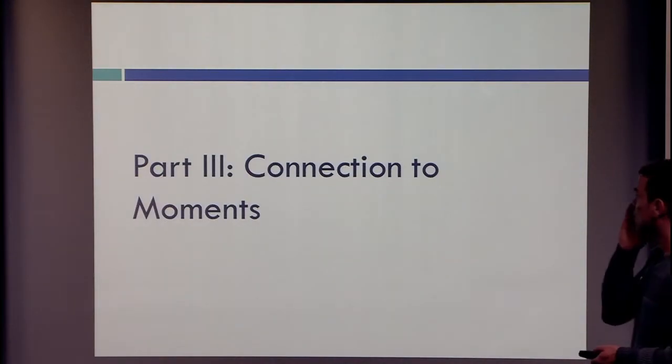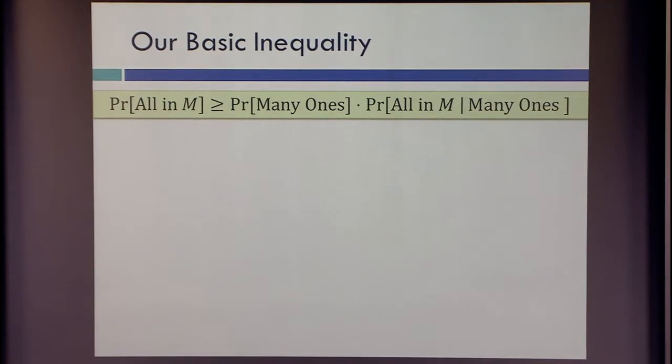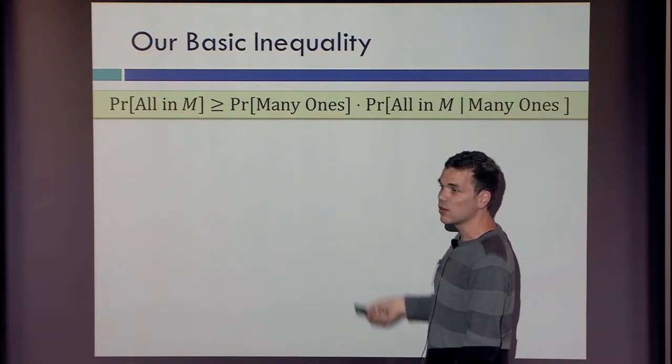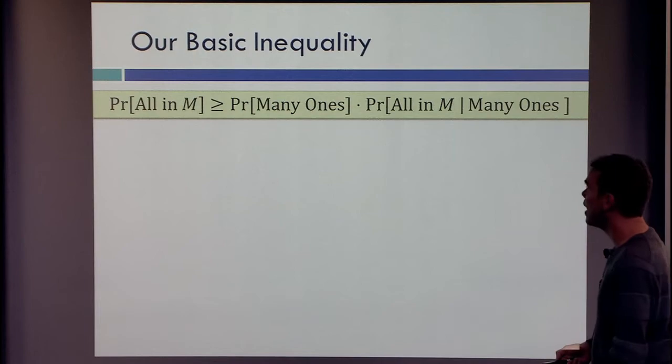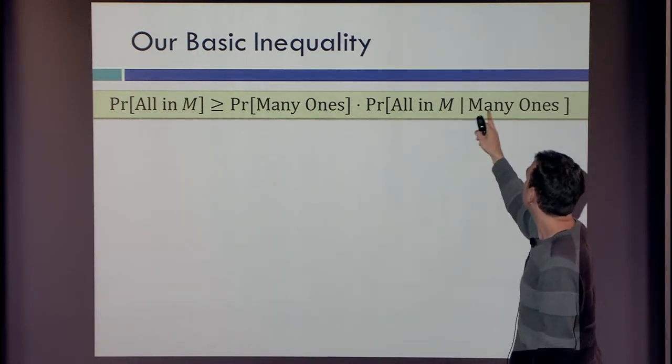Now let's go to part 3. This is the connection to moments, where I hope to answer Anoop's question. So what did we do? We started with this basic inequality: the probability that all in M is at least the probability of many ones times the probability that all in M given many ones.